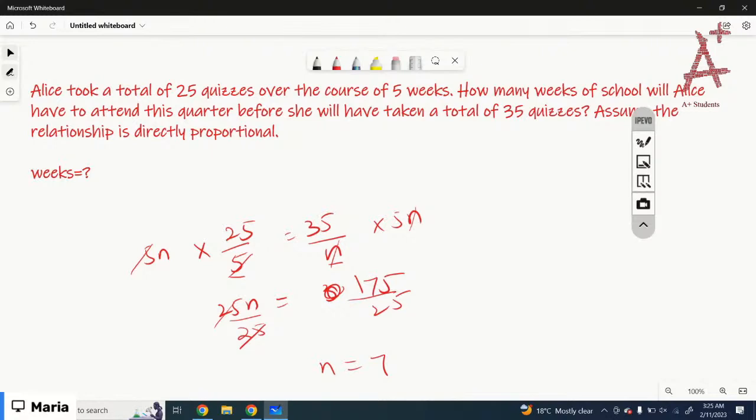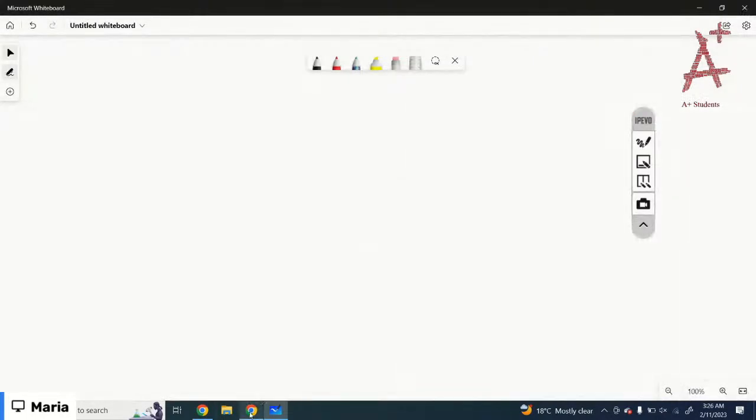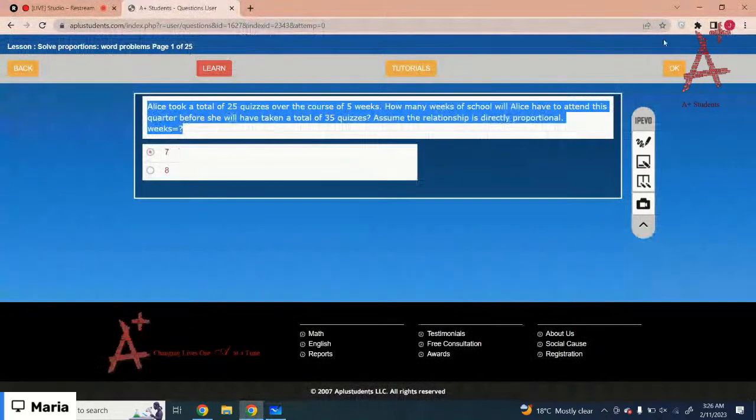Got it? So the correct option is n equals 7. Just select the correct option, then click on the OK button.